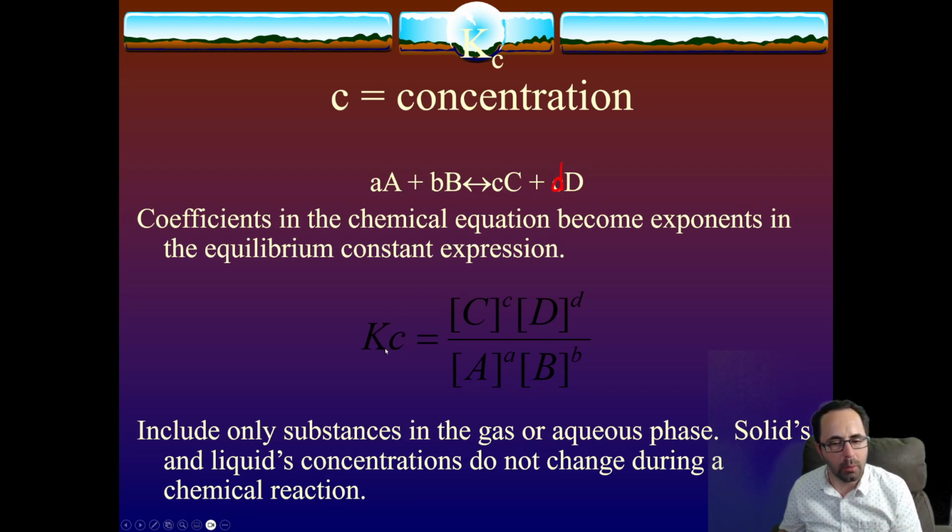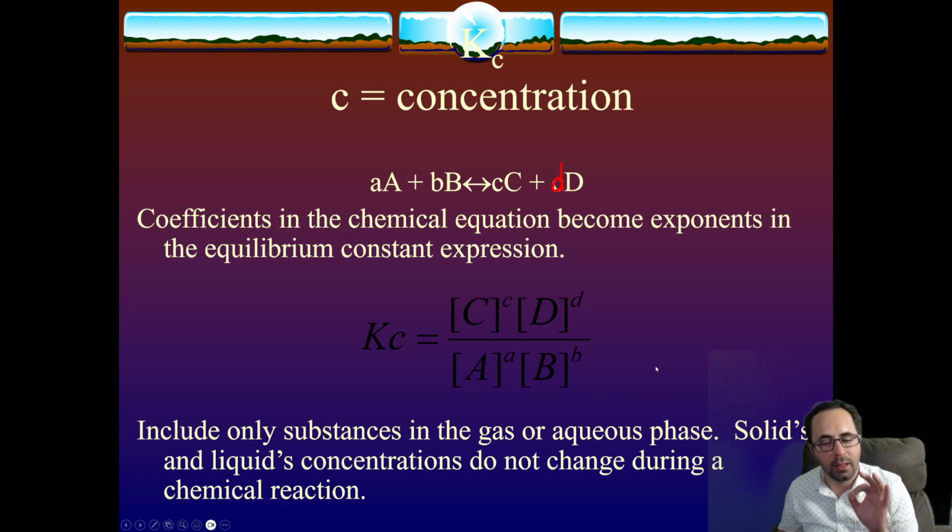So the equilibrium constant is going to be the concentration of products, we have the product C here, to the power of its coefficient, little c, times the concentration of the other product to its coefficient, D here. And we do this for all products, and then we divide by reactants.